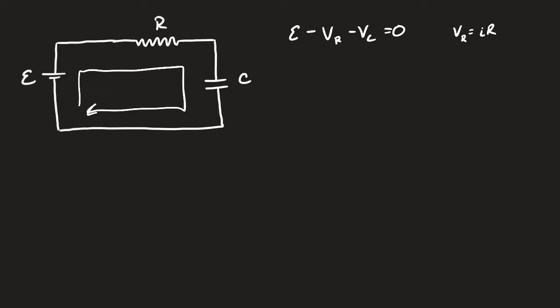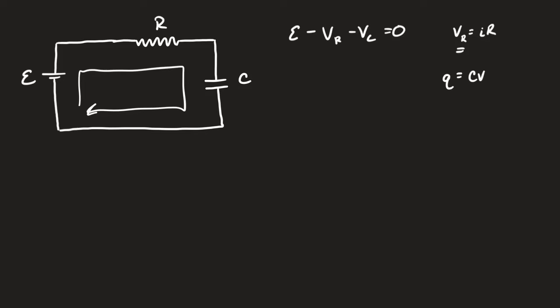So at the same time that we say the potential across the resistor is based on current, we know the charge, lowercase q, on the capacitor is going to be based on the voltage across the capacitor, which at time 0, the voltage across the capacitor is 0.